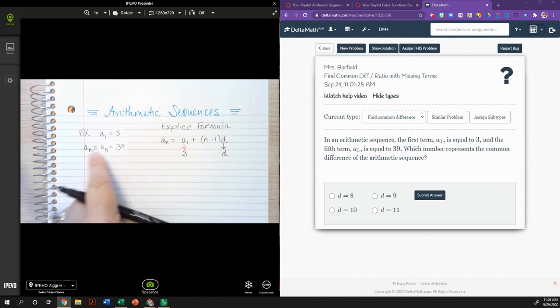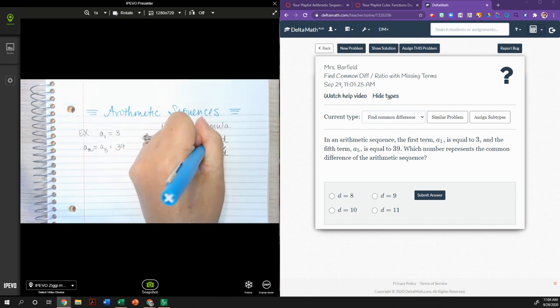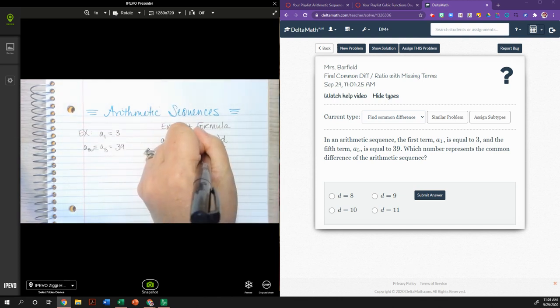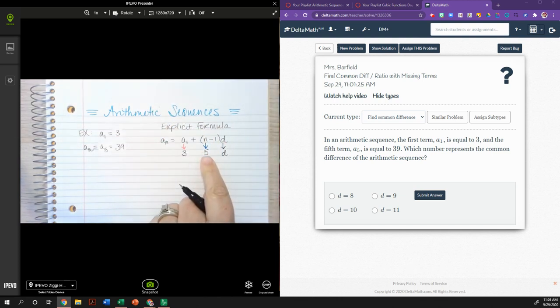And n is just constantly changing in terms of what place I'm in the sequence. If I'm in the first place, n equals 1. If I'm in the second place, n equals 2, and so on. So since I'm in the fifth place, n equals 5. That means I can take n right here and make it 5, and when it's 5, that's also equal to 39.